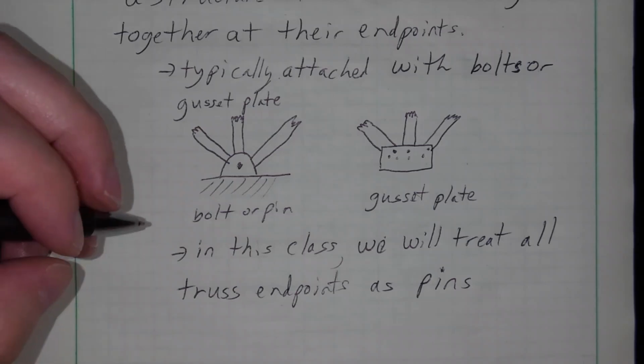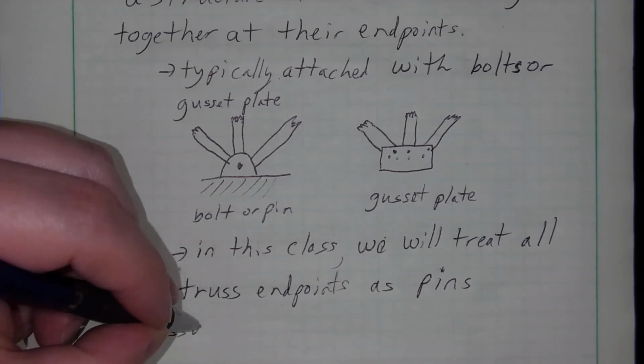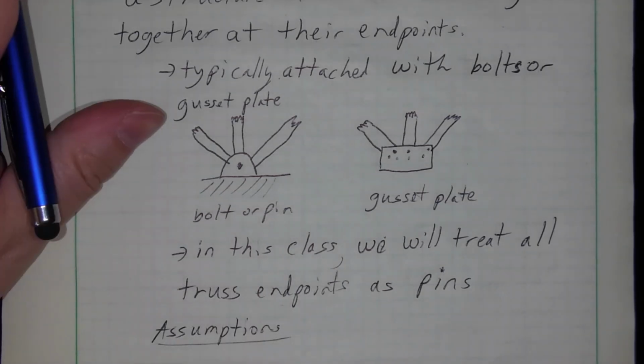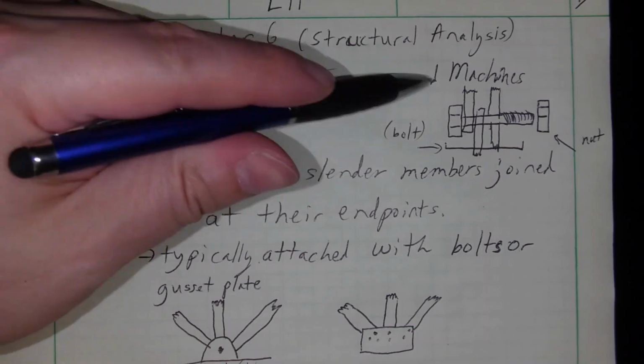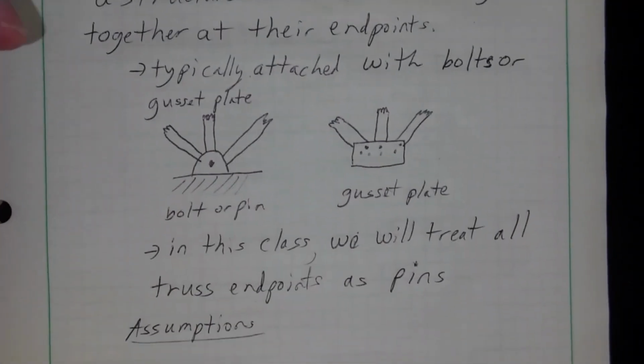Okay, so some things happen when I'm dealing with a truss. We'll talk about frames and machines later on in chapter 6. Initially in chapter 6, we're going to talk about trusses. And what's the big difference?